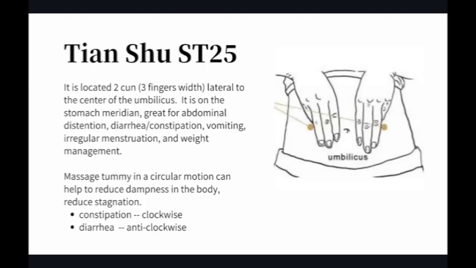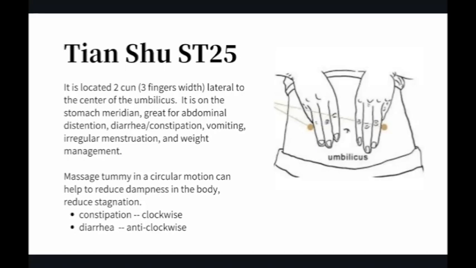It can also help with vomiting, irregular menstruation, either early or delayed. And it's also a very important point for weight management, which I showed you in the previous slides, where we use electrodes connected to the needles to help movement in these areas.